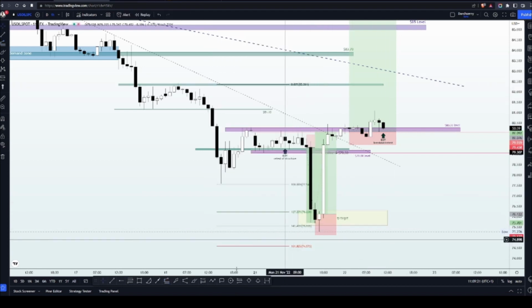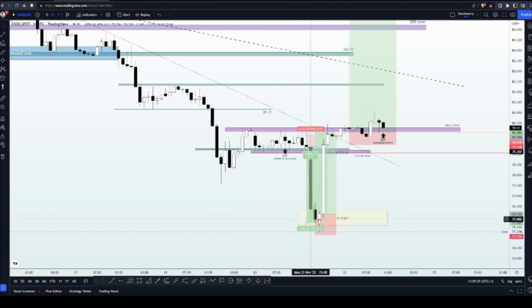So it was the exact area that price came into for the take profit target, which dovetailed to about, how many pips was that? Over 360 pips on that one. For those who took advantage of this move yesterday, kudos to you. Congratulations for being on standby to take advantage of that move.